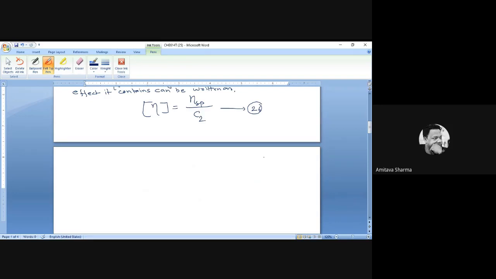Now for a polydisperse system, that is a polymeric system which can get dissolved in a particular solvent, we have eta specific equals the summation over i.